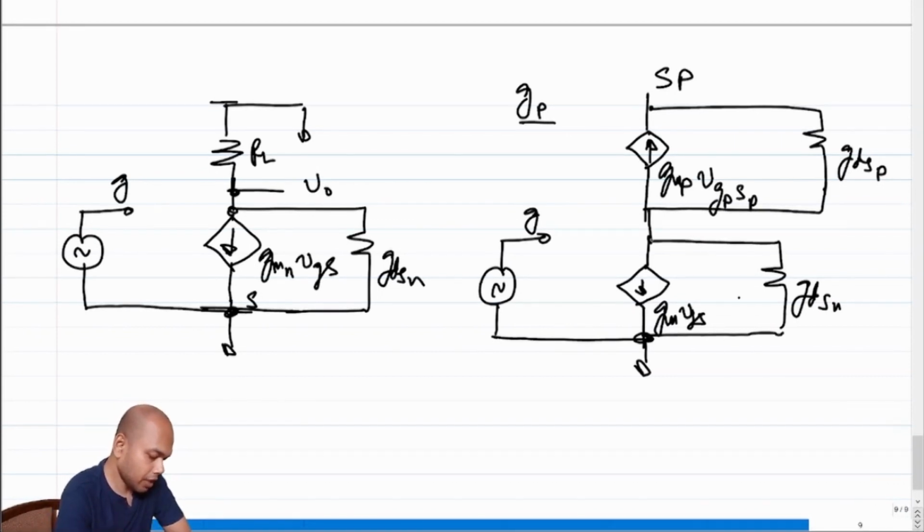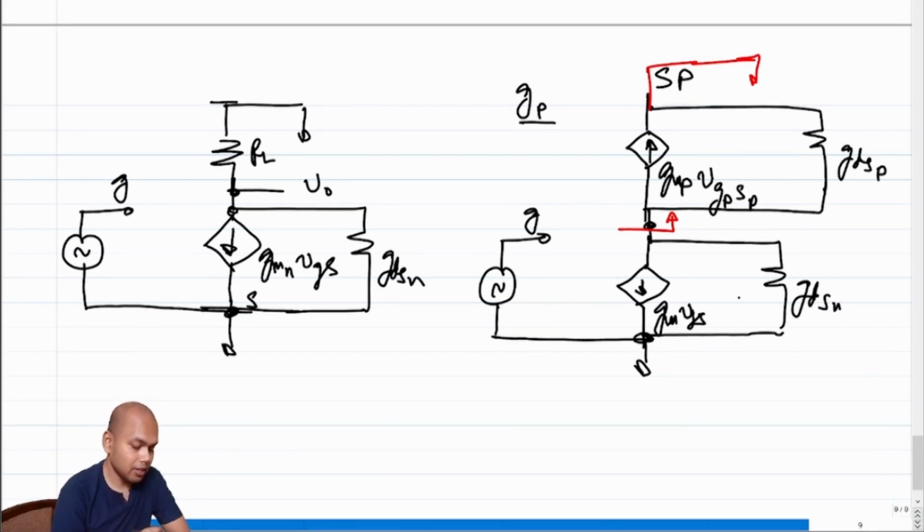Now if we connect these two here, correct, and if we incrementally short the source, just like we have been doing in the case of the circuit on the left, then what do you think will be the resistance looking up, and what do you think will be the resistance looking down? The resistance looking up in this case can potentially be very high because we are looking at the drain of the transistor, right?